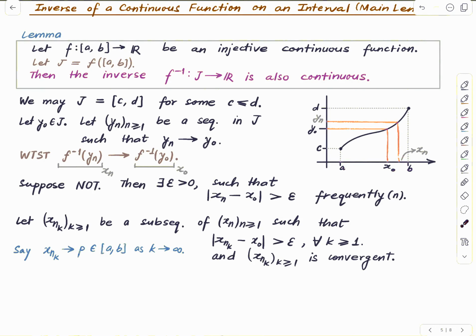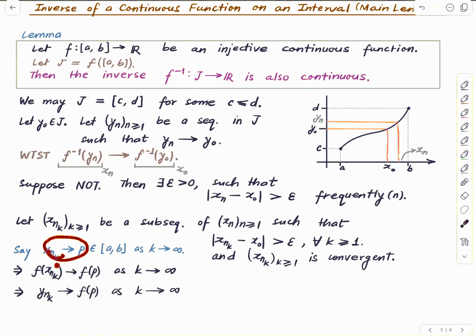Now by continuity of the function f, we get that f(x_{n_k}) converges to f(p) as k approaches infinity. So since this happens and f is continuous, we must have that. But by definition, f(x_{n_k}) is y_{n_k}. So y_{n_k} converges to f(p).